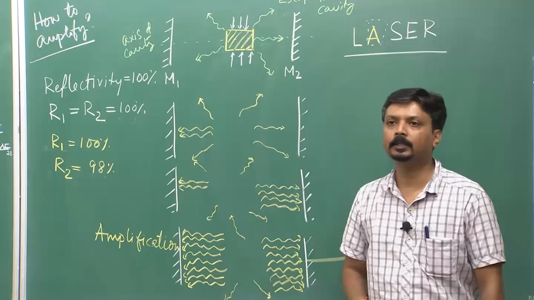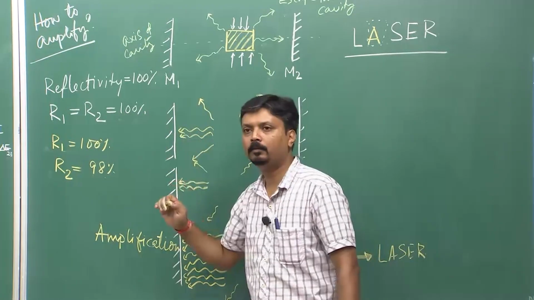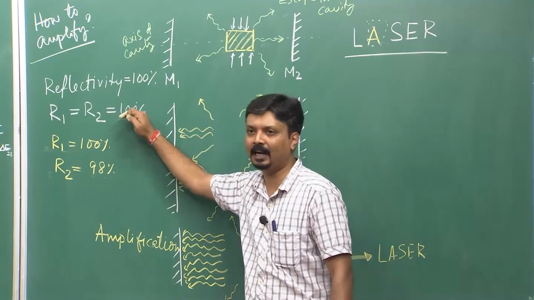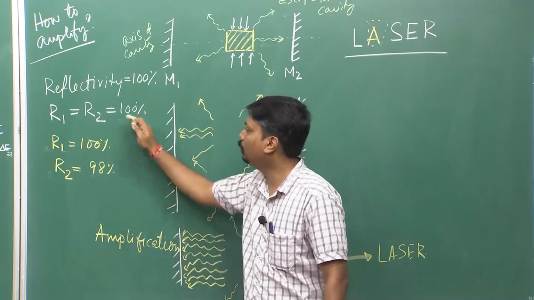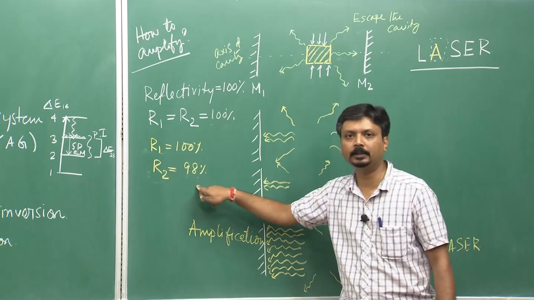Roughness of the surface or a little bit faulty mirror. When I say faulty, that means it has a reflectivity which is less than 100% for one of the end mirrors, not the one that is purposefully or intentionally made transmissive.